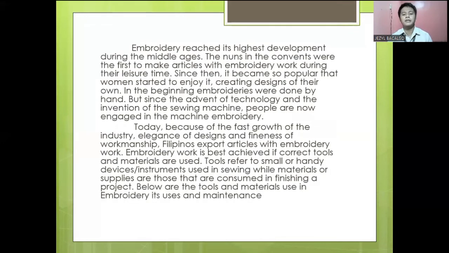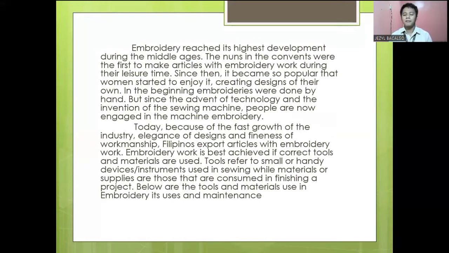Embroidery reached its highest development during the Middle Ages. The nuns in the convent were the first to make articles with embroidery work during their leisure time. Since then, it became so popular that women started to enjoy it, creating designs of their own.